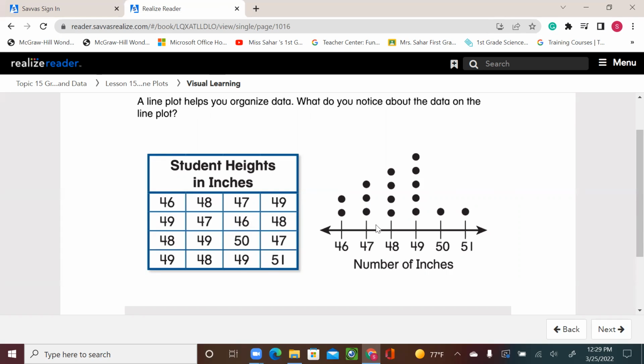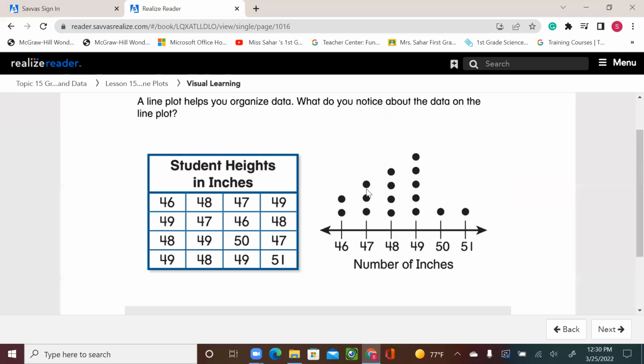So 46, 47, 48, 49, 50, 51, and then I look at, let's say, 46 and see how many 46s I have. I'm going to represent each height of the students with a dot, and seeing it now, I can easily tell that I have 2 kids whose heights were 46 inches.